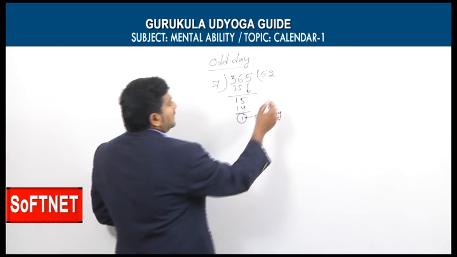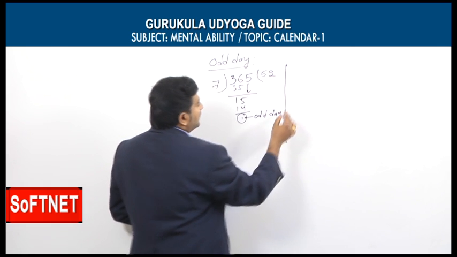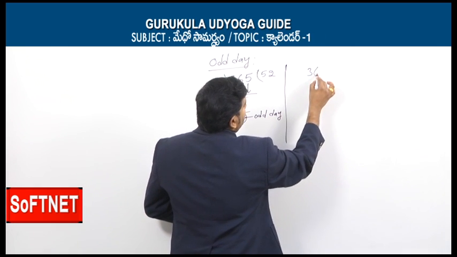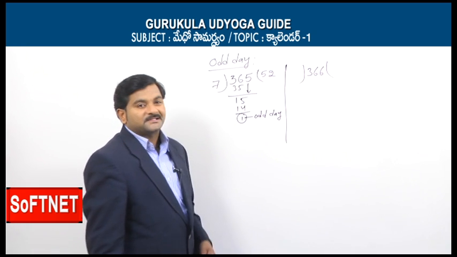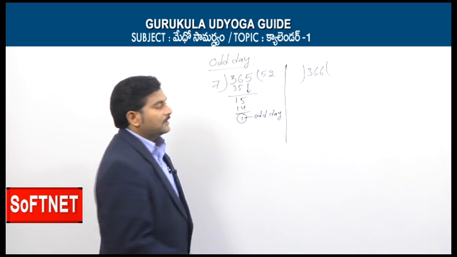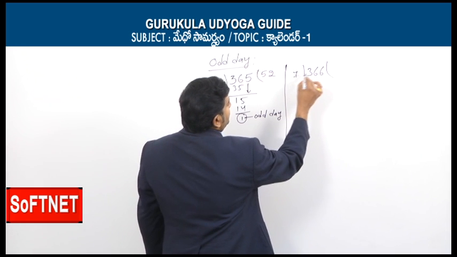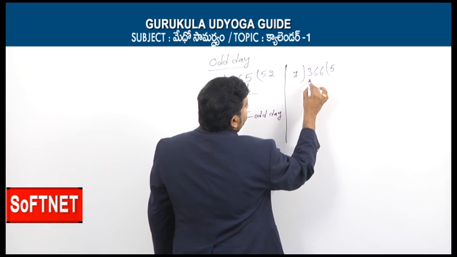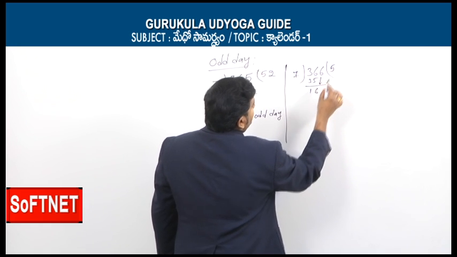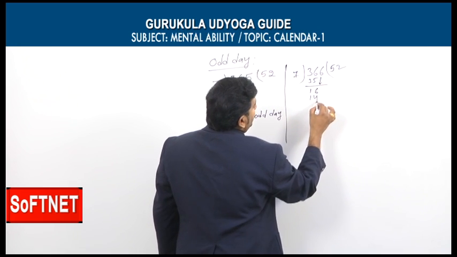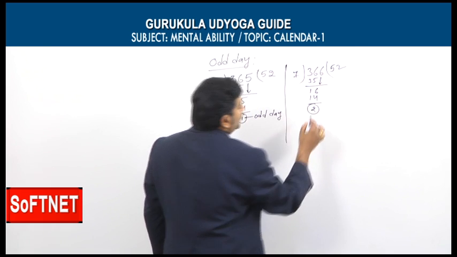For example, I am taking one more example. Let's say my second example is 366. Now I am dividing this 366 by 7 and we can find the remainder. Same as usual, 7 5s are 35, 1 left, so here 6 we can take, 7 2s are 14, so what is the remainder? 2 is the remainder.